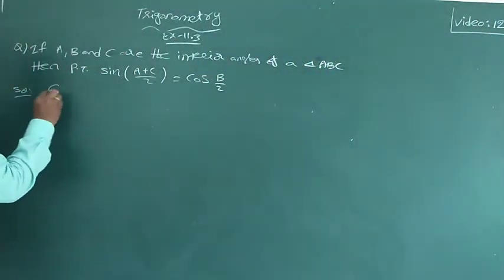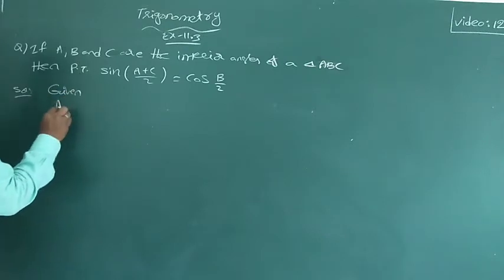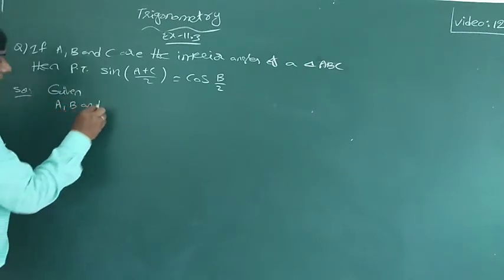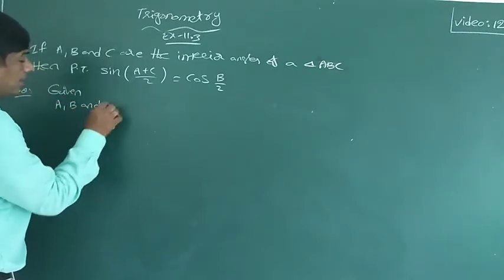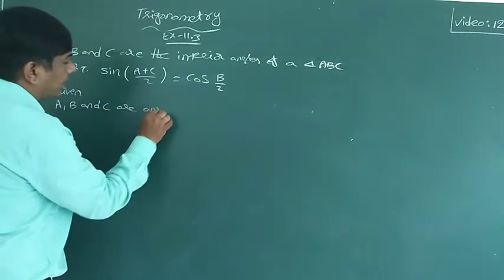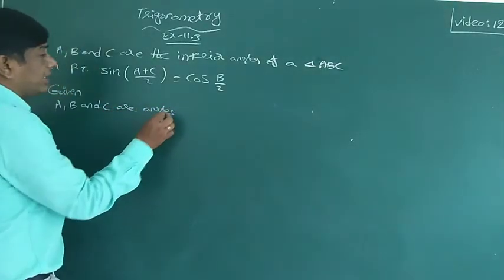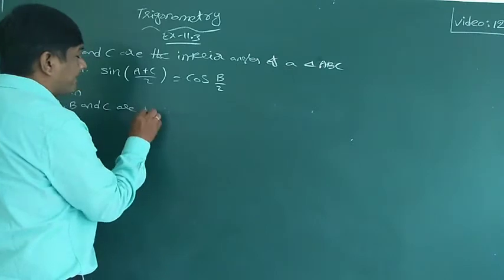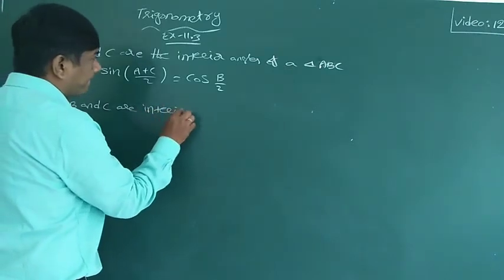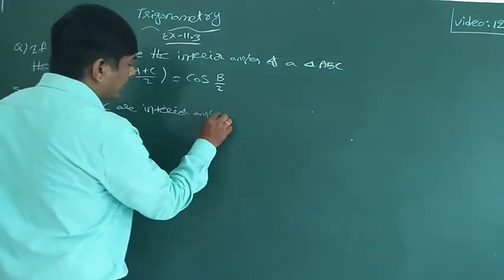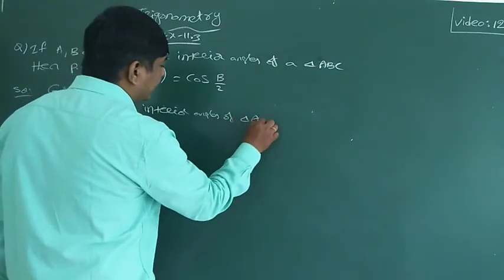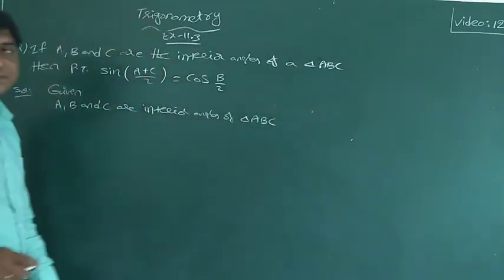See here what they have given. A, B and C are the interior angles of triangle ABC.